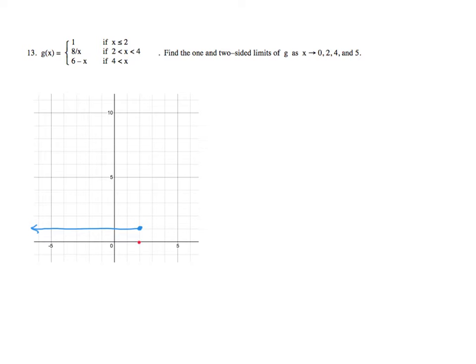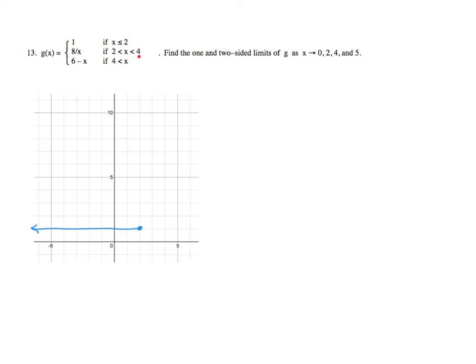Now, between 2 and 4, and not including either of those points because there's no equal sign, the graph is going to be 8 over x. 8 over x is a rational function, so it's going to have kind of like a curve to it, and I think the graph is going to decrease. So what I'm going to do is see what this thing would actually equal at 2 and put an open circle there.